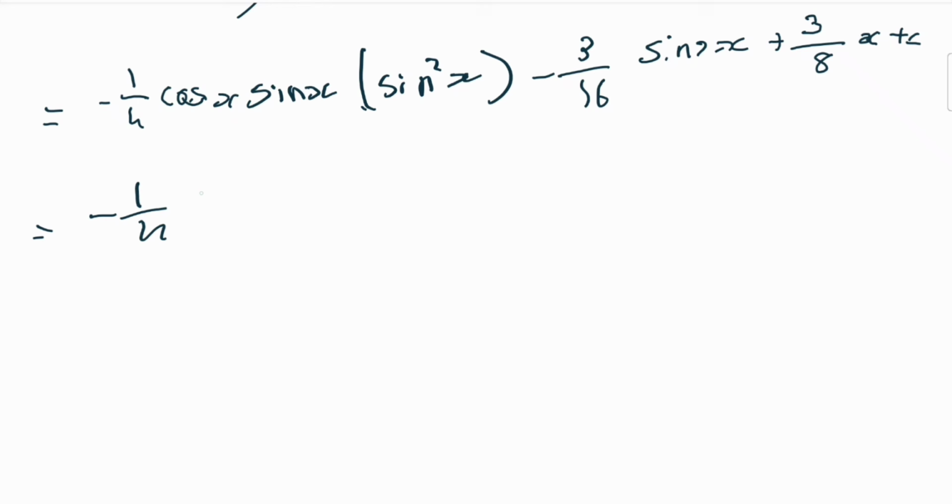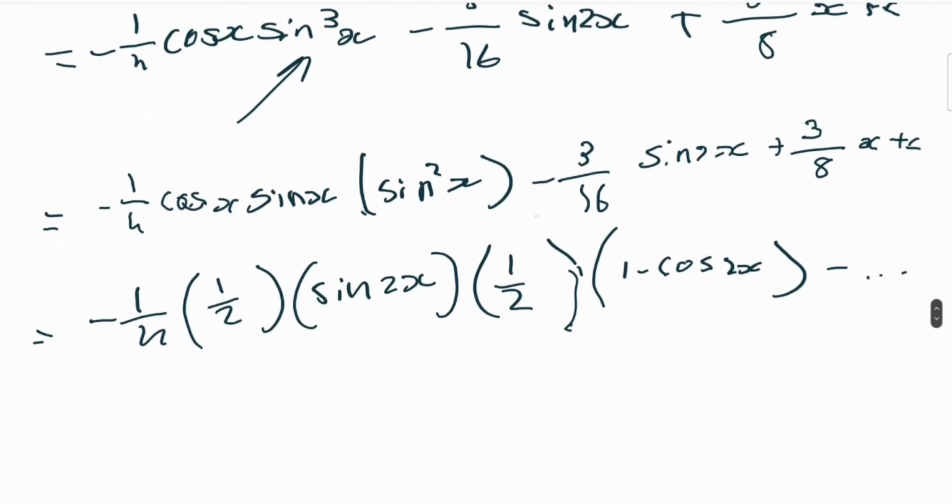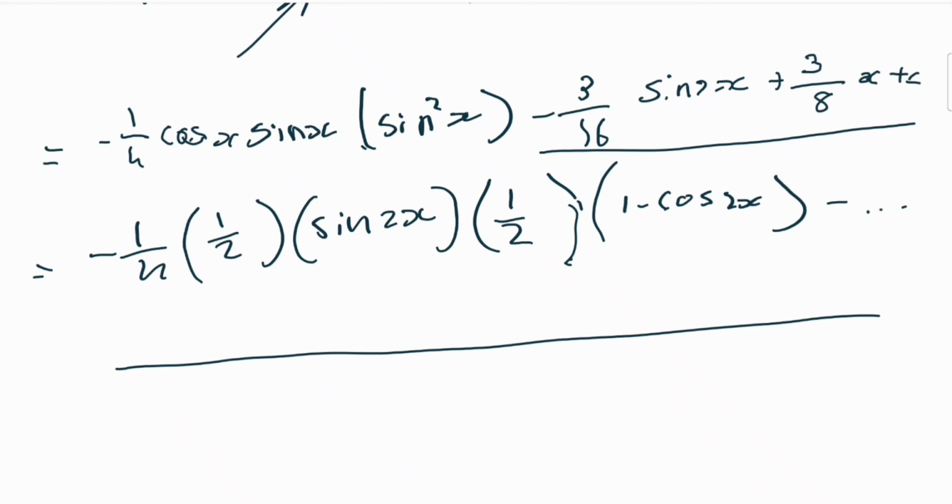So let's write that in. 1 over 2 sine 2x, and then 1 over 2, 1 minus cosine 2x, and then minus the rest. The rest will be this part, because we're mainly focusing on this part right now, so we don't really need to write this in every single time, and it will just make it a lot longer because we'll have to write on a whole other line as well.